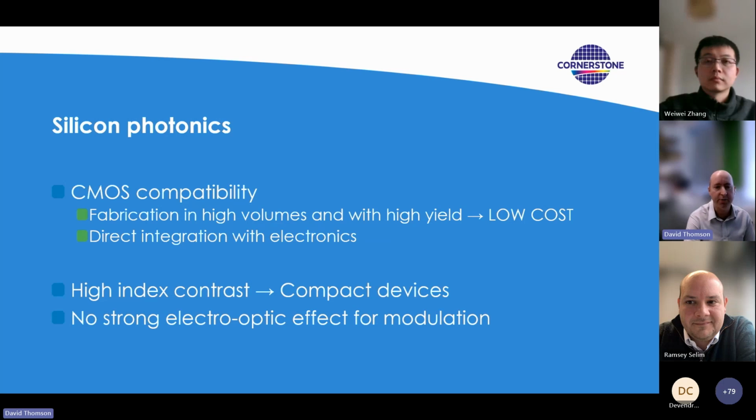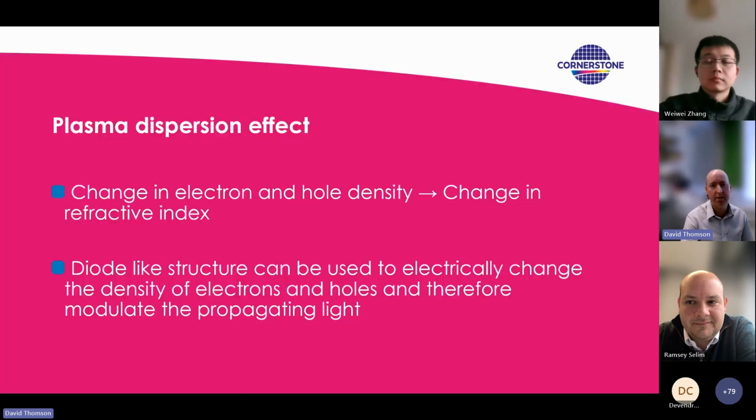So the alternative way you can use is the plasma dispersion effect, and this has been by far the most popular method for modulation in silicon photonics over the last 20 years and more.